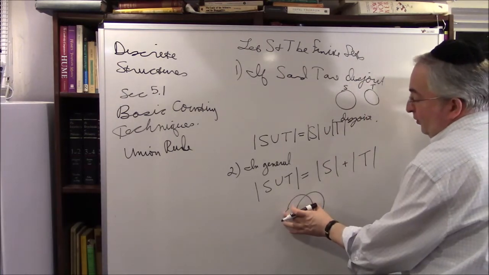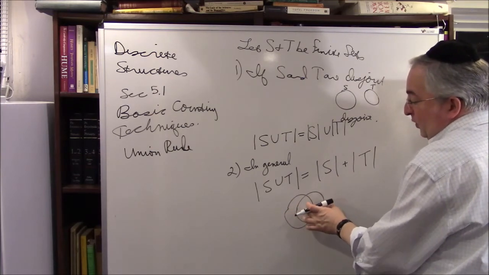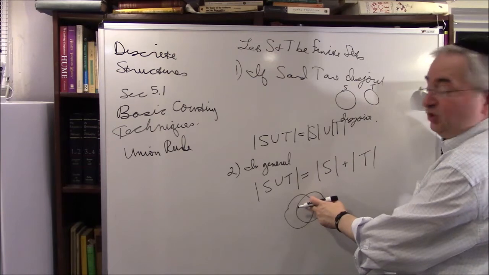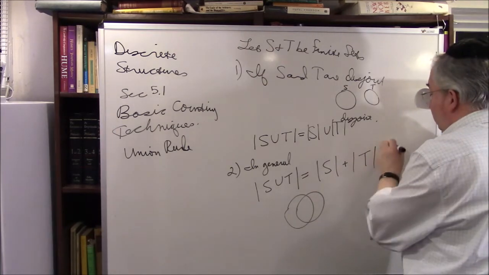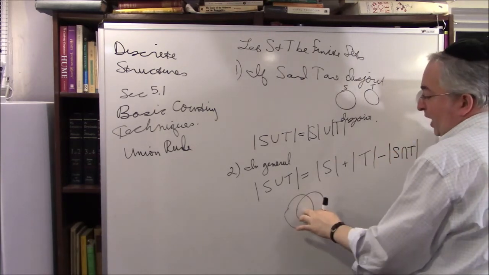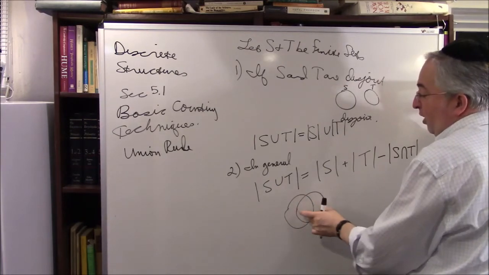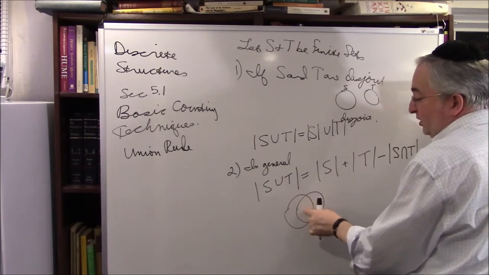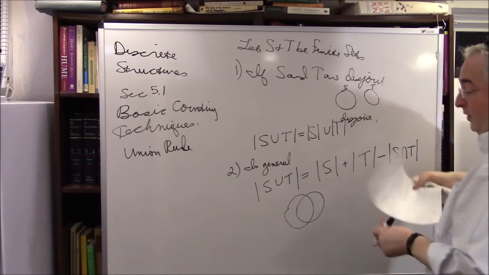We counted the number of elements in S. We counted the number of elements in T. But we have an overlap. We counted this twice. So you better uncount it. So minus S intersect T. You counted the intersection once, plus twice, so you counted the intersection twice. You shouldn't have counted the intersection twice, so you subtract 1.